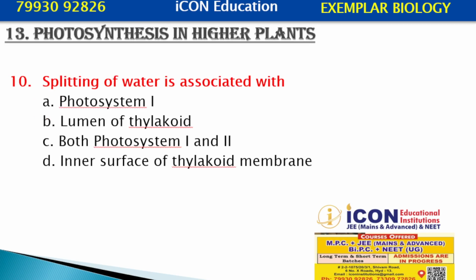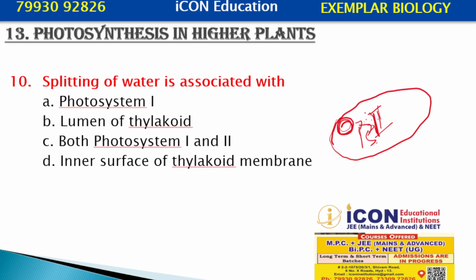Question number 10. Splitting of water is associated with... We know that this is the thylakoid membrane. So PS2 is situated here on the inner surface of the thylakoid membrane. So PS2 is associated with splitting of water.